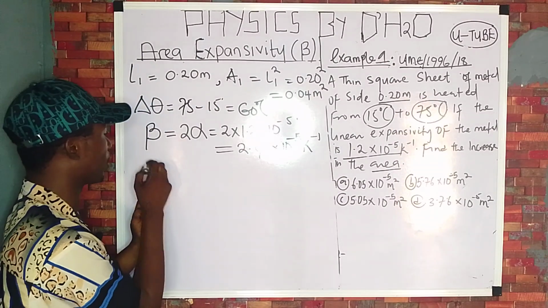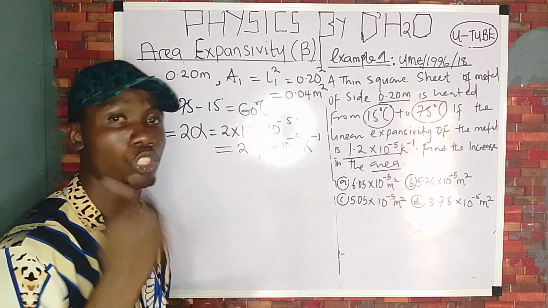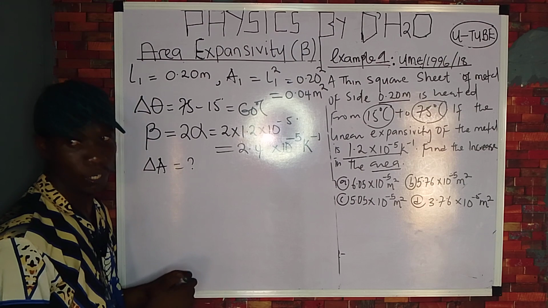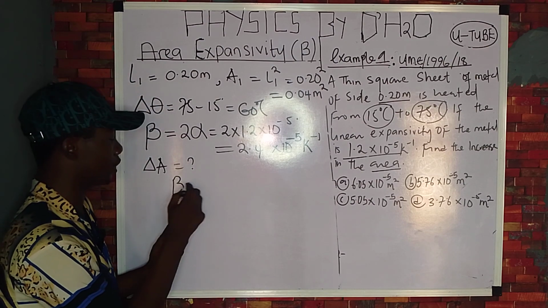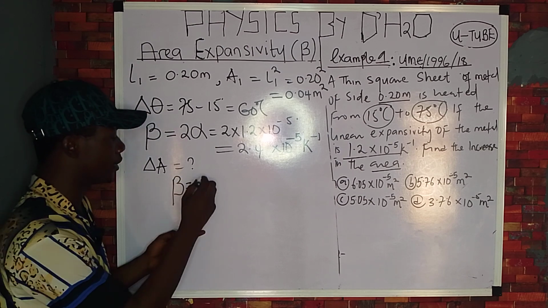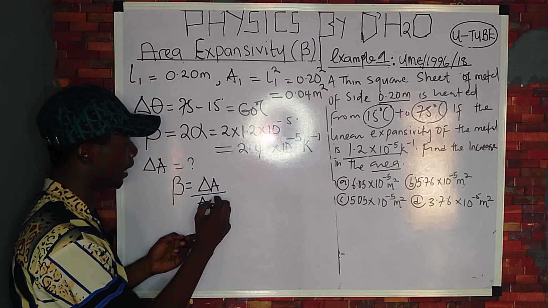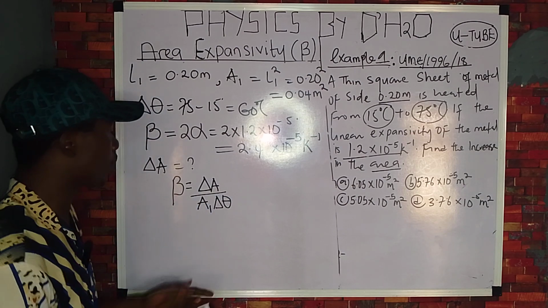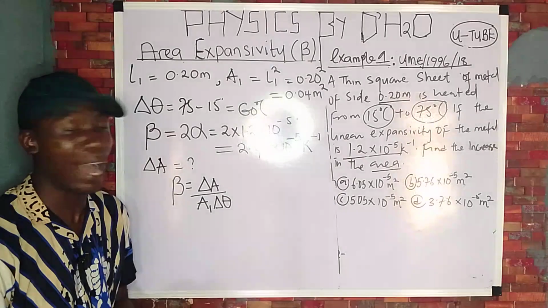Now we are told to calculate the increase in the area, which is also called your change in area. So your change in area will be unknown. Remember, the formula for our area or superficial expansivity is the increase in area all over the original area times change in temperature. So this is what we have now. We are going to substitute our variables into the formula, and then we get our answer.